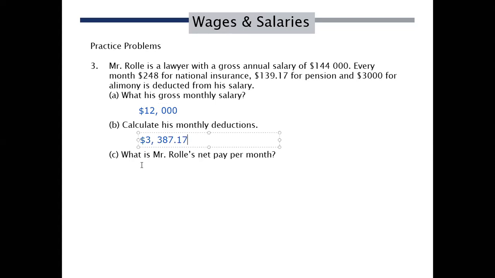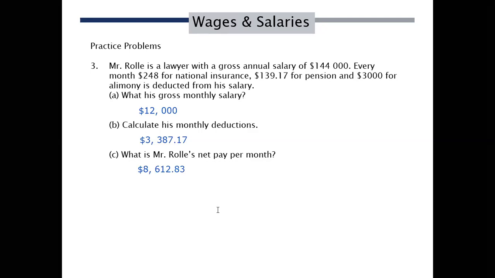And so his net pay is going to be the difference between the two. And that's how much money he takes home each month, a total of $8,612.83. Okay. Again, this is another question that's very typical and that can come on the BGCSE.